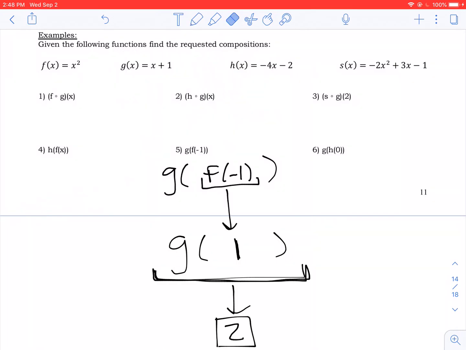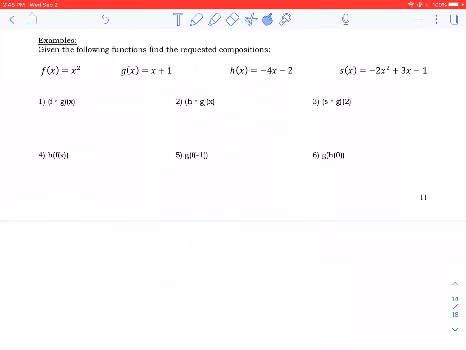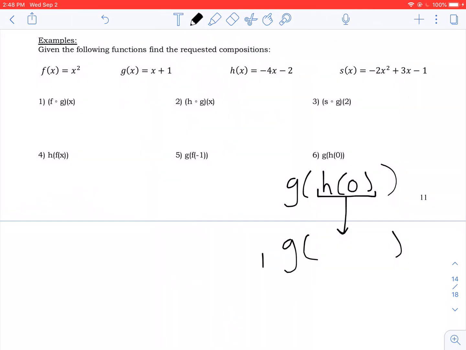Awesome. Last one here. Let's find g of h of 0. So just like earlier, to find g of h of 0, work inside out. So find the answer to the inside problem. You're going to get a number answer. And then we're going to find g of that answer. So it's kind of a two-step process. First, let's start by finding h of 0 in the middle there.